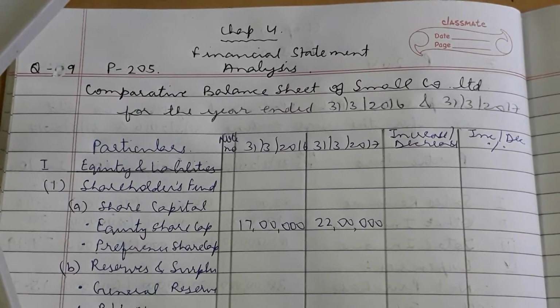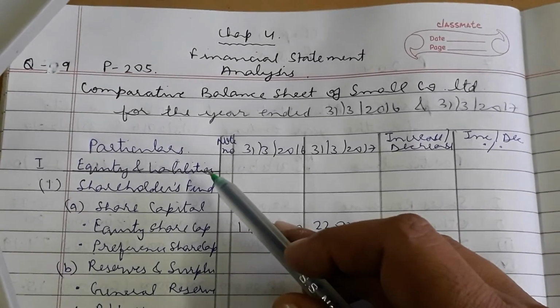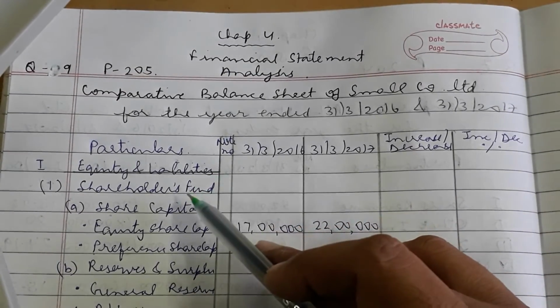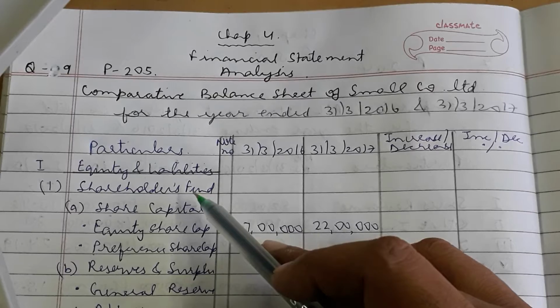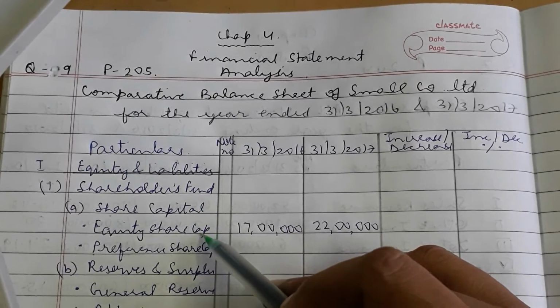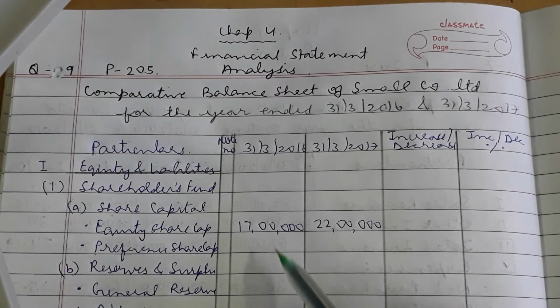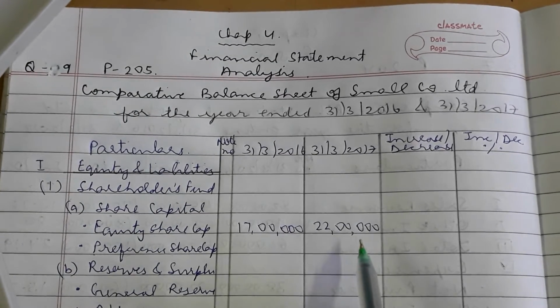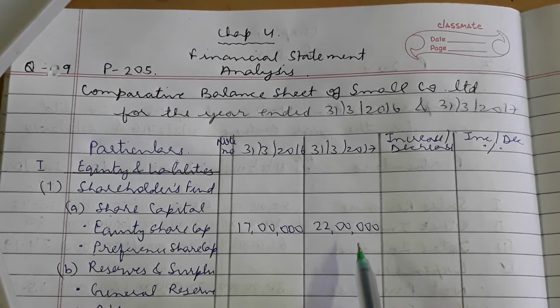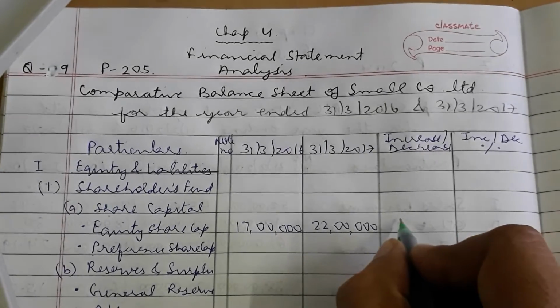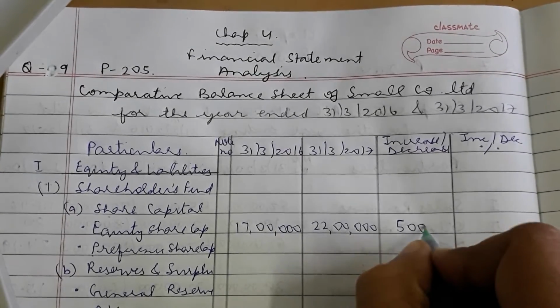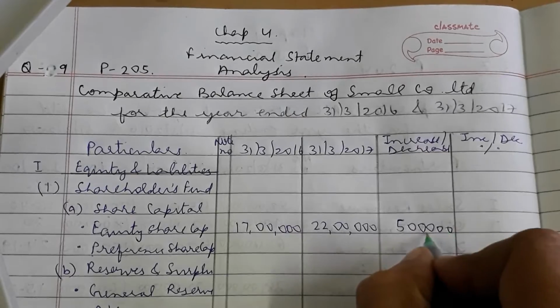Now equity and liabilities is the first point. In that, shareholders' funds, equity share capital. Equity share capital for 2016 is 17 lakh and for 2017 it is 22 lakh. So a total increase of 5 lakh is there.